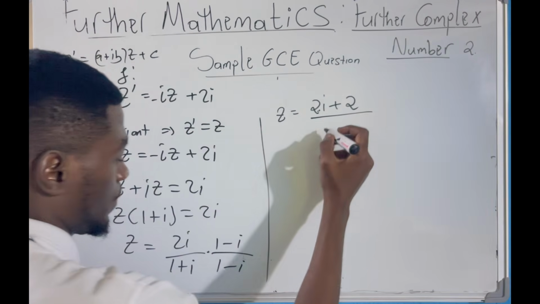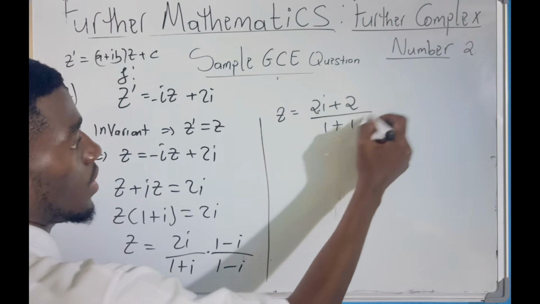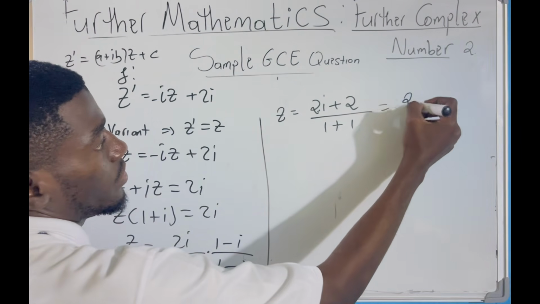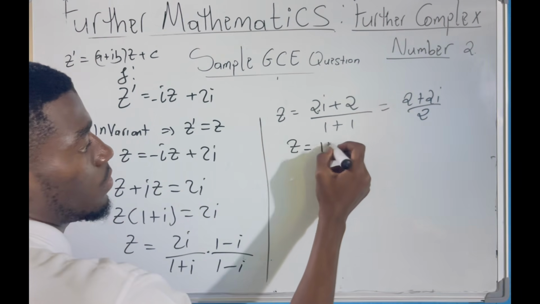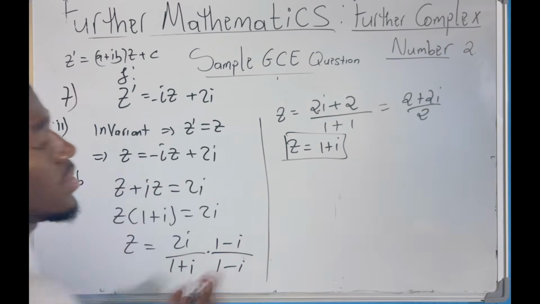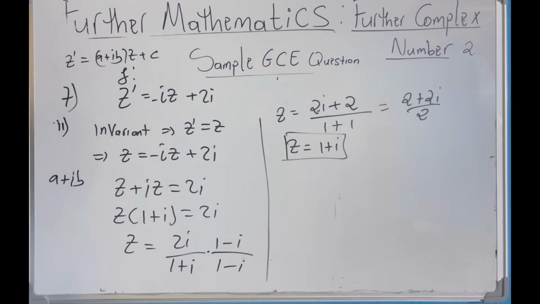Then divided by 1 plus 1. So I have 2 plus 2i all over 2. So the invariant point is simply 1 plus i. That is the invariant point under the transformation f.